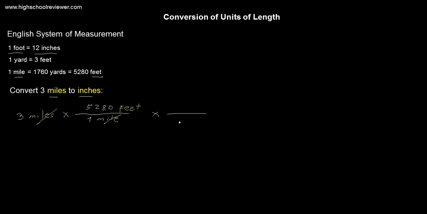Since this is feet, we will put on the denominator 1 foot. And for the numerator, this will be 12 inches. Okay, so we can cancel out feet here. Feet divided by foot, this will be cancelled out. And finally, our unit left is the inches.